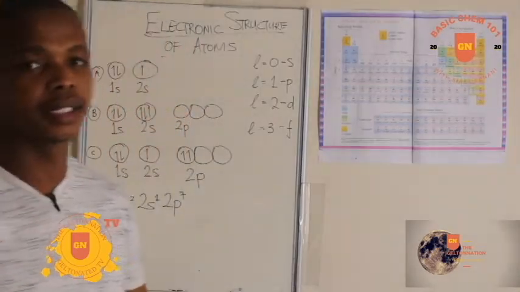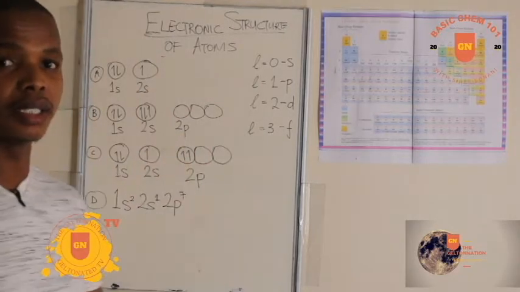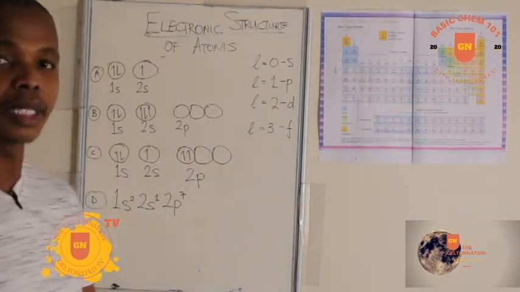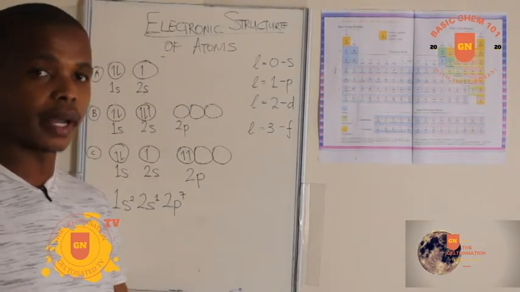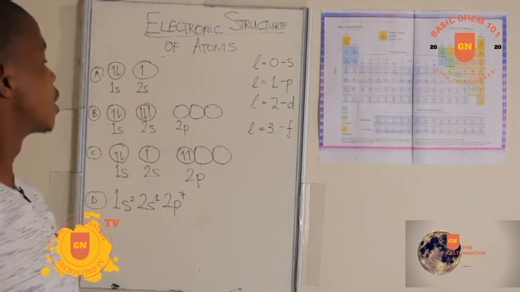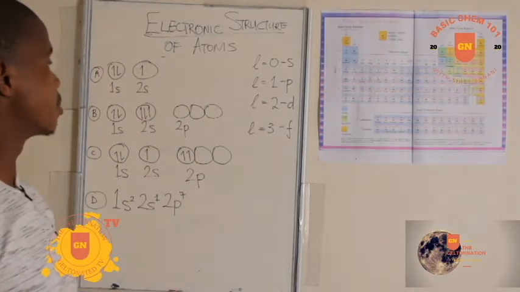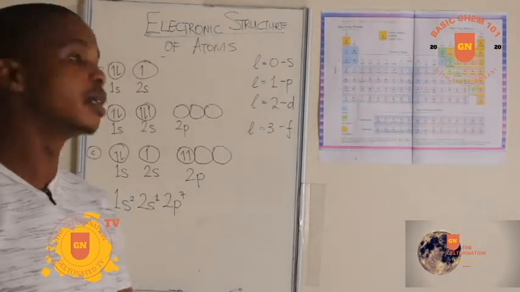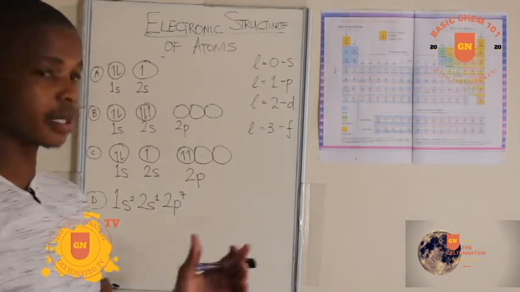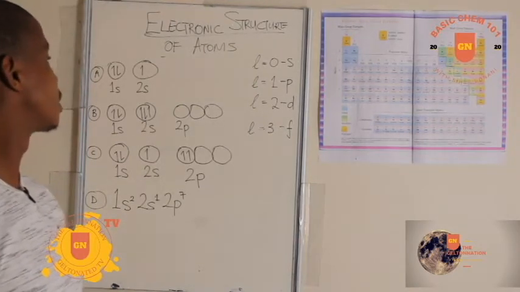So now let's look at some examples based only on the Pauli's exclusion principle, because that is what we have talked about for now. Let's look at whether some of these examples are possible or not, based on Pauli's exclusion and the spin quantum number.